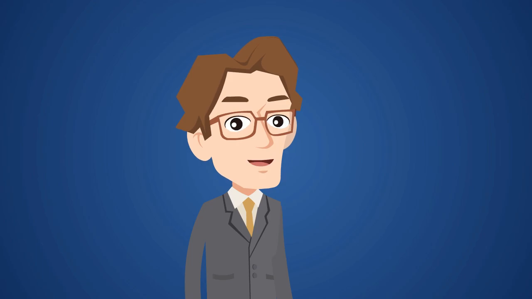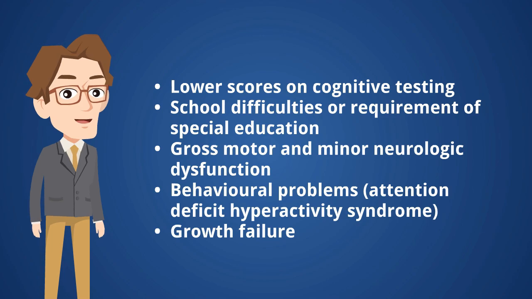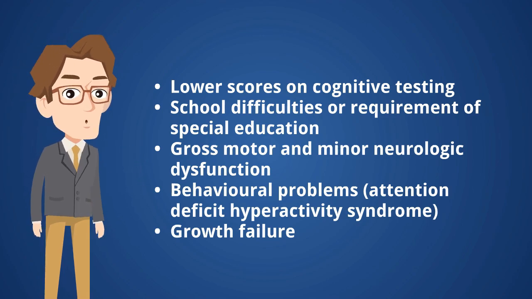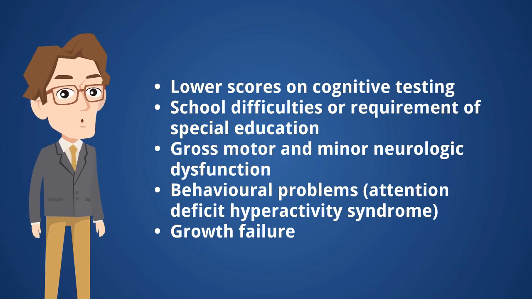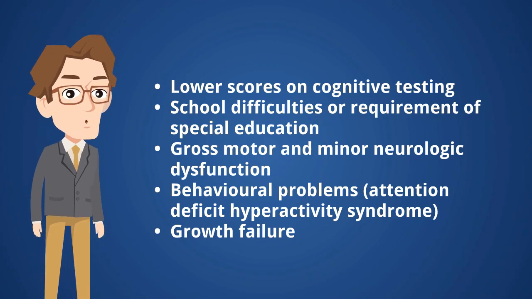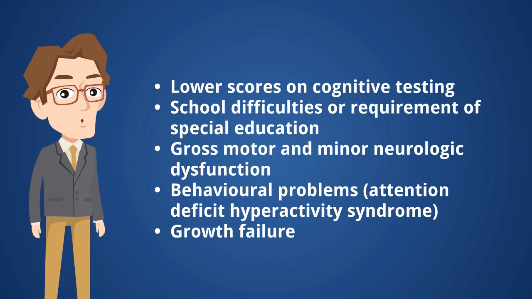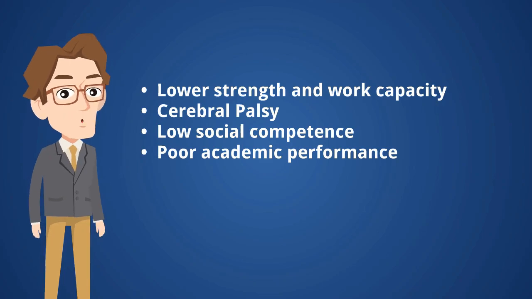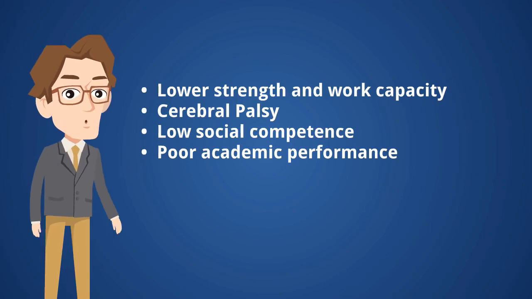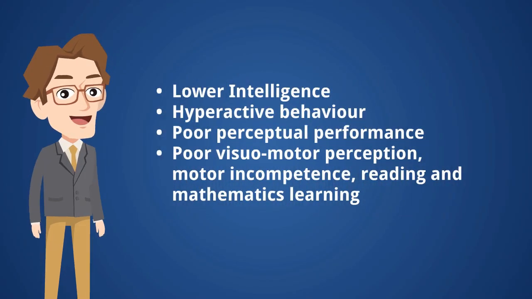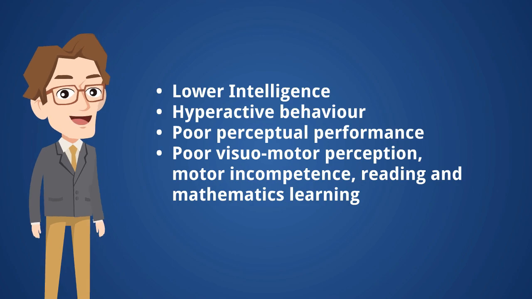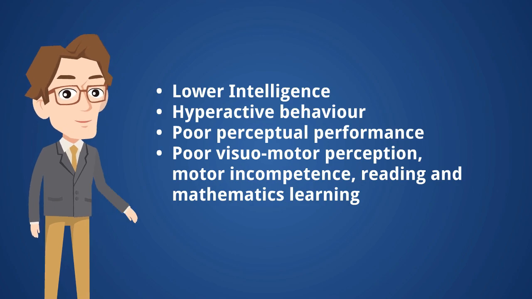The common neurological problems encountered in these children include lower scores on cognitive testing, school difficulties or requirement of special education, gross motor and minor neurologic dysfunction, behavioral problems like attention deficit hyperactivity syndrome, growth failure, lower strength and work capacity, cerebral palsy, low social competence, poor academic performance, lower intelligence, hyperactive behavior, poor perceptual performance, poor visual motor perception, motor incompetence, reading and mathematics learning problems.